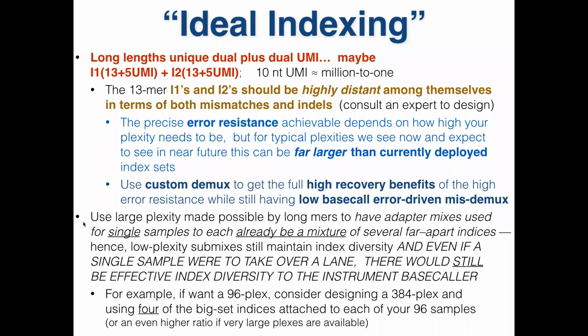And that basically gives you the best world out of anything we've talked about. You've got high recovery, high resistance to base call errors on the machine. You've got index hopping resistance. You've got dupe resistance. You can do large plexes.